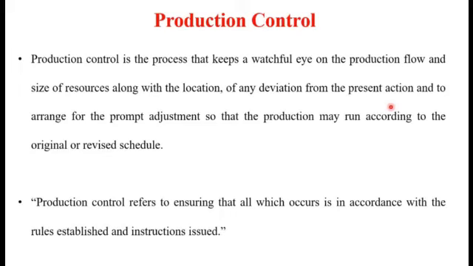So production control may help to revise and keep the production flowing smoothly. Again, production control refers to ensuring that everything occurs in accordance with the rules established and instructions issued.